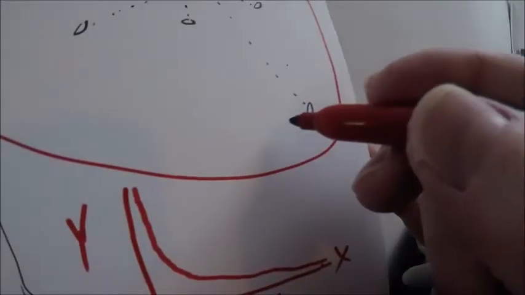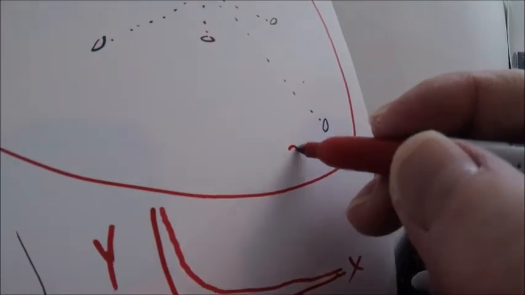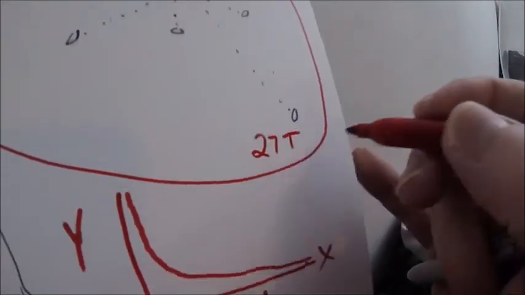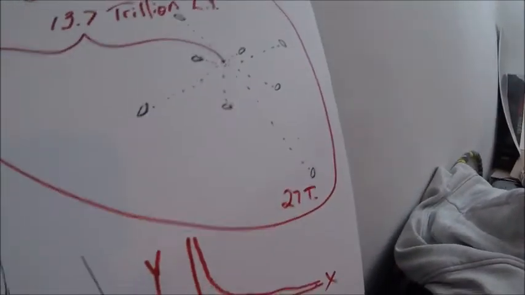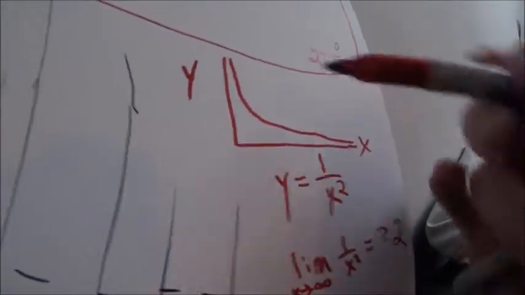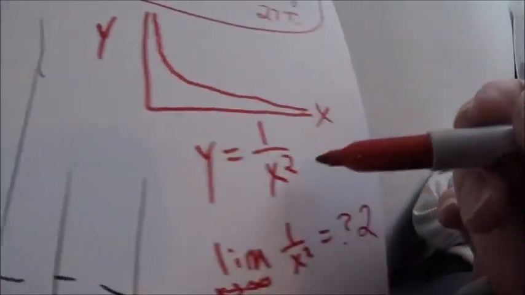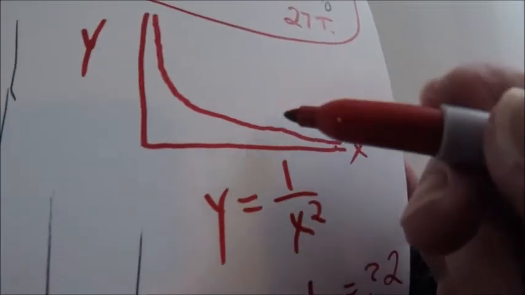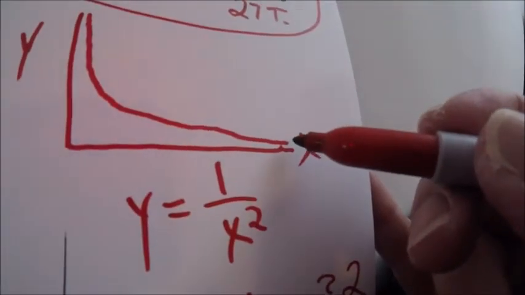27 trillion times dimmer than Andromeda. It's vanishing, if you're going to take the limit of an equation like 1 over x squared, it just gets vanishingly smaller the further out you go. And I forget what the limit is as x goes to infinity. It's something like, I don't know, 2 or 10 or something.